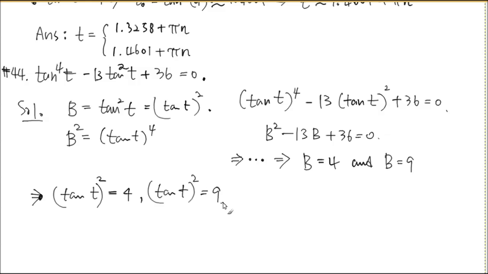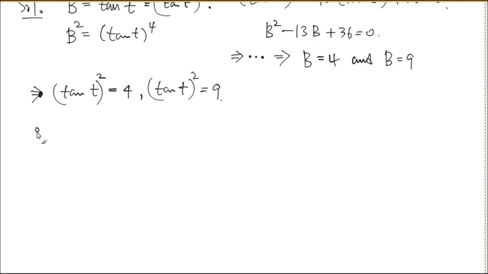This is not yet a basic equation. Let's look at it here. Bullet item here. We want to solve this equation, tangent t squared being 4. This is also a quadratic equation, but it's very easy to solve. What would you say? Yeah, tangent t is positive 2.